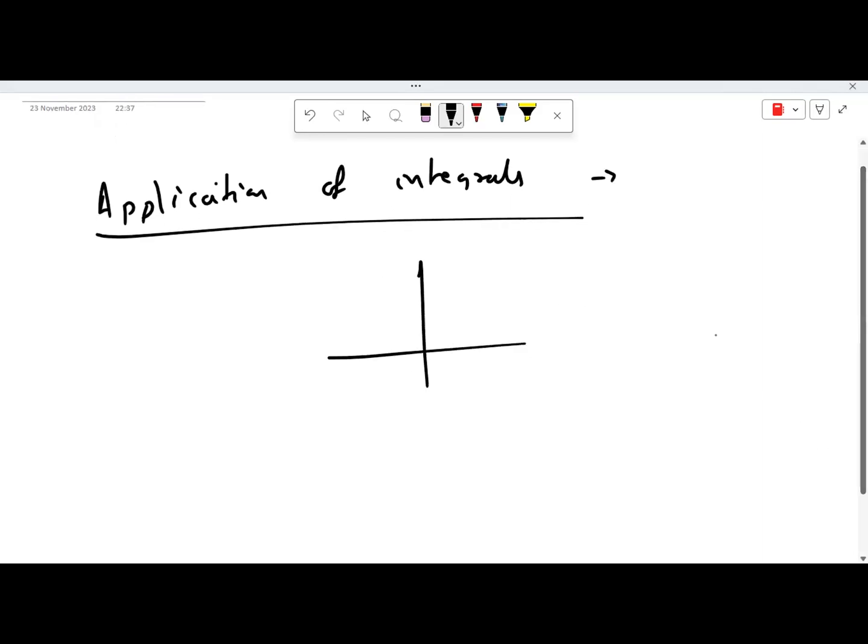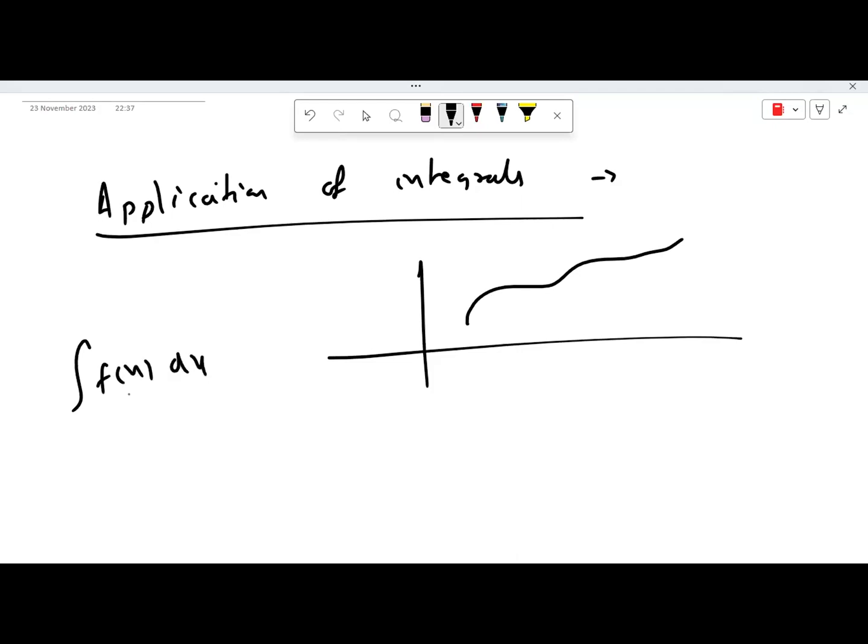I've told you previously also. If you are doing, suppose, f of x dx, this is y dx. So what you do is you take a point at a distance x. So this is f of x and dx, that means the small width.